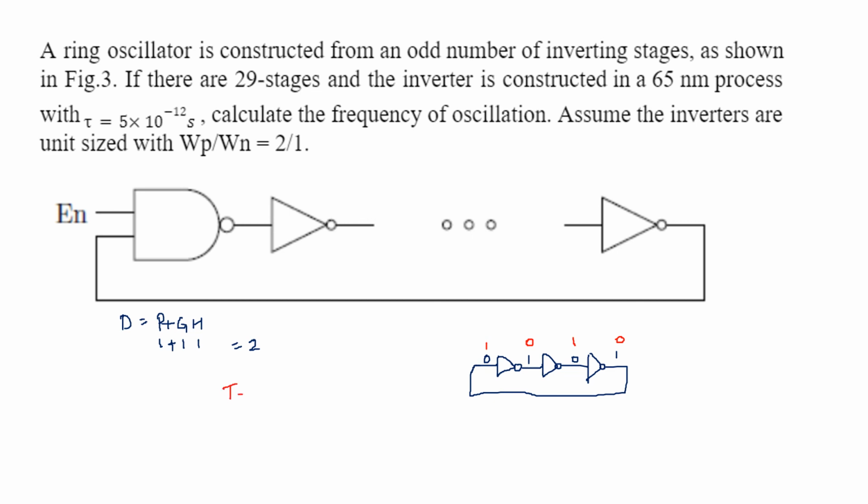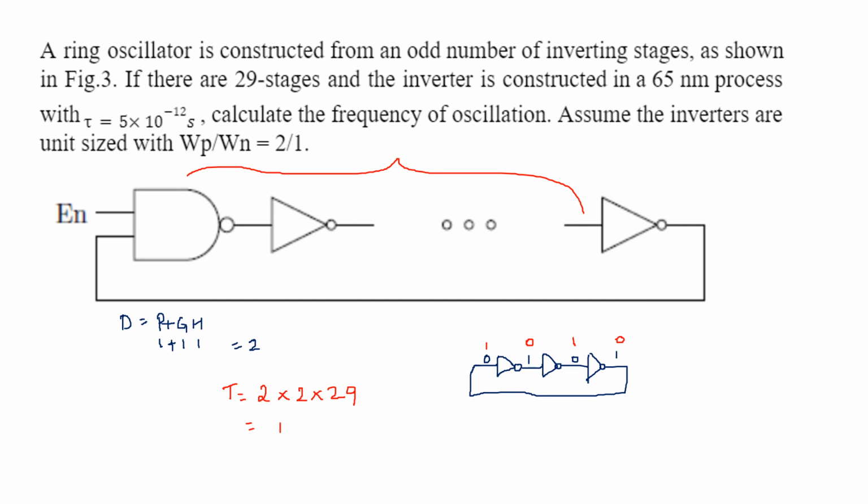So T is equal to 2 times the delay through this, right? So now what's the delay through each inverter? It is 2, times how many inverters are there? That's 29 inverters. So the total time period is 4 times 29, which is 116.